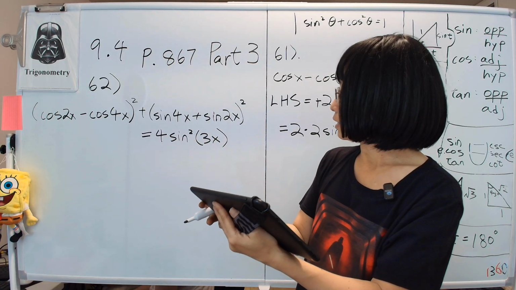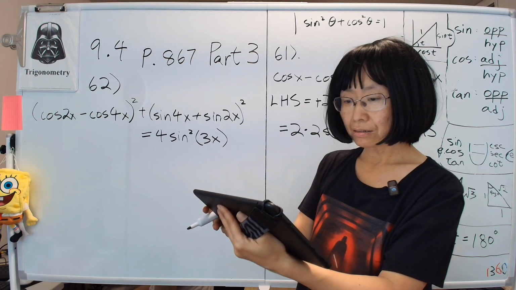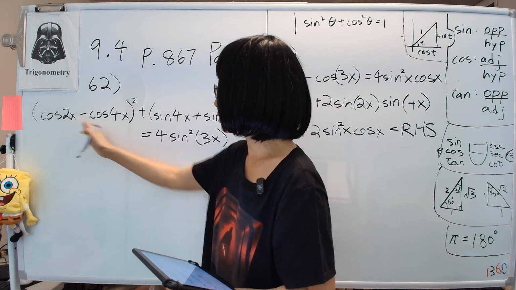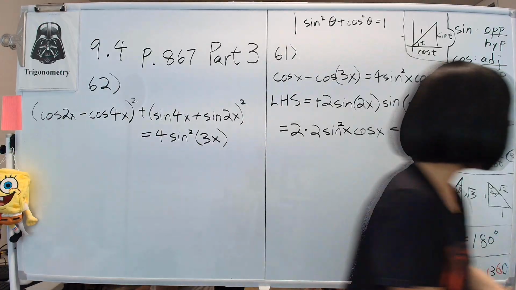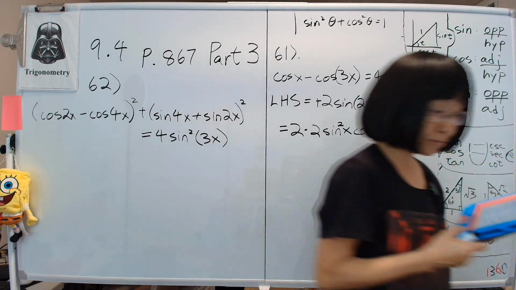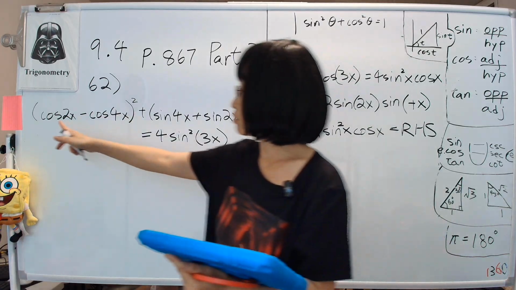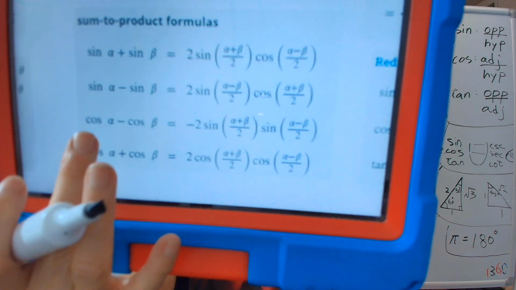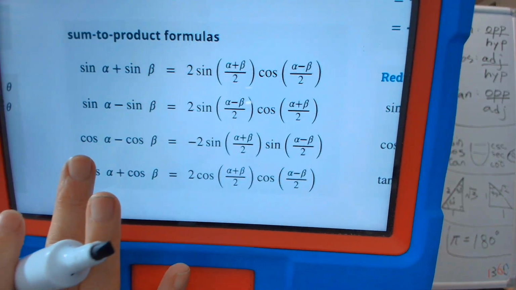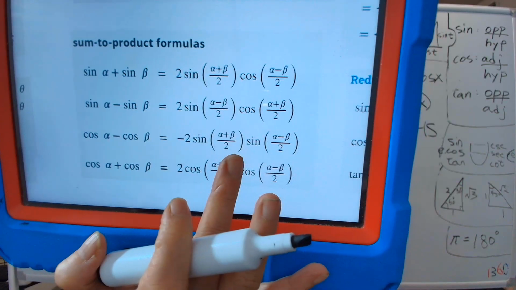And anyway, to prove this thing, well, again, this is some kind of a sum or difference. So let's apply those formulas again. That's what we've been doing in this little area here. This is cosine minus cosine, so let's apply the cosine minus cosine formula, which is cosine alpha minus cosine beta is negative 2 sine of the sum times sine of the difference, each divided by 2.